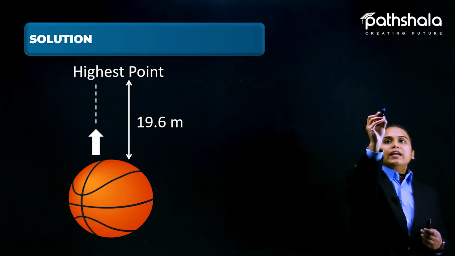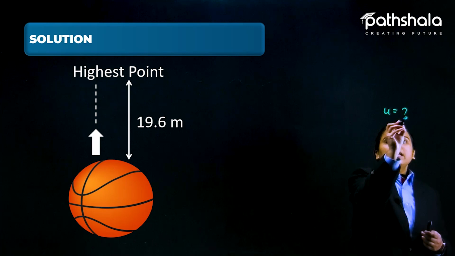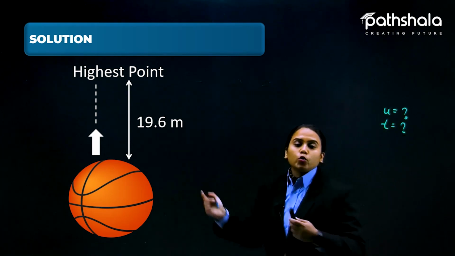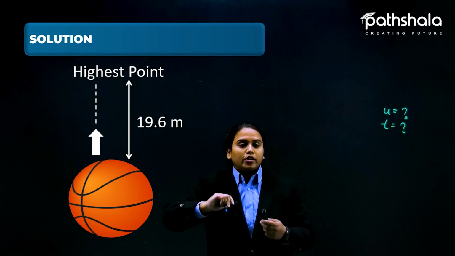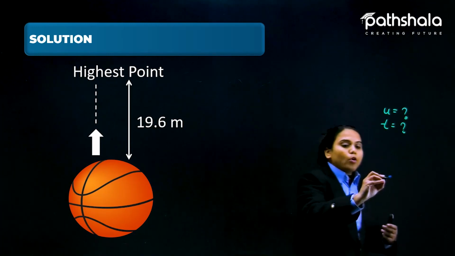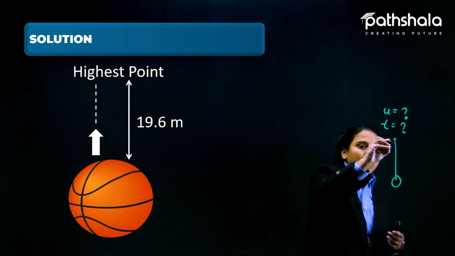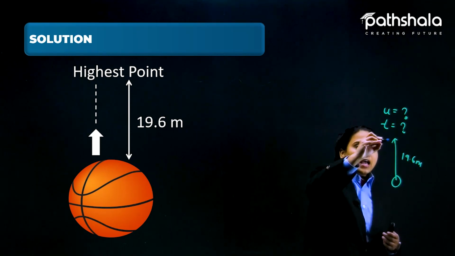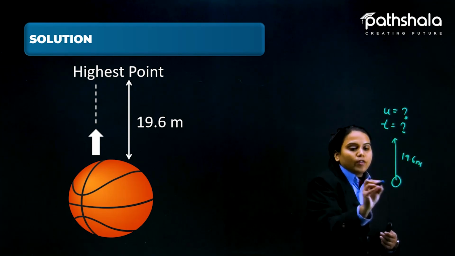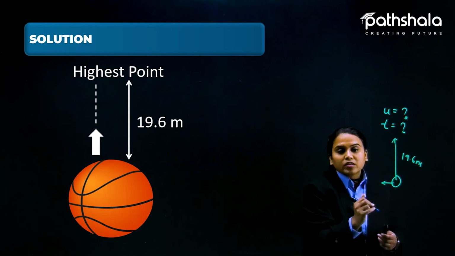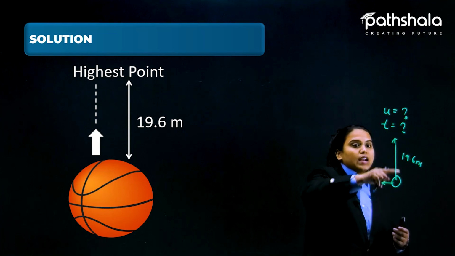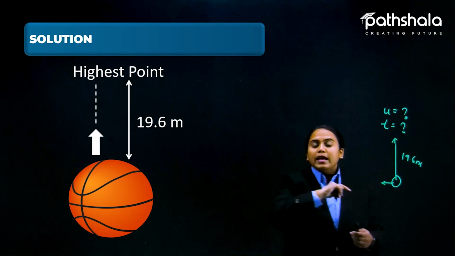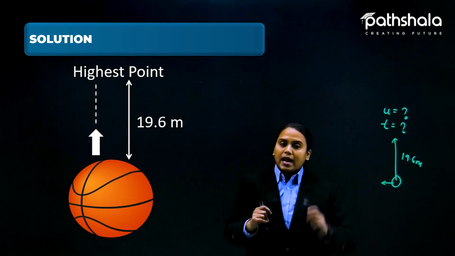So what we need to find here is the initial velocity and the time taken by this ball to reach this highest point. The ball has achieved this height of 19.6 meter, and the initial velocity we need to find is the velocity with which we should throw it so that it reaches this height, and what time it has taken to reach that height.